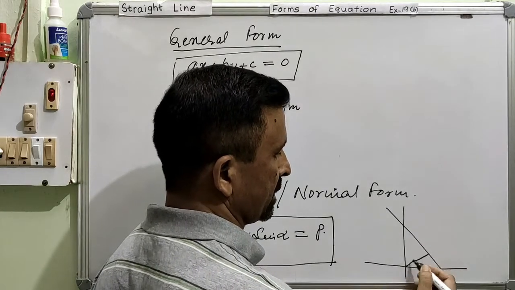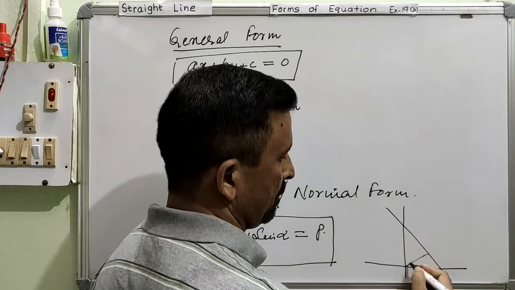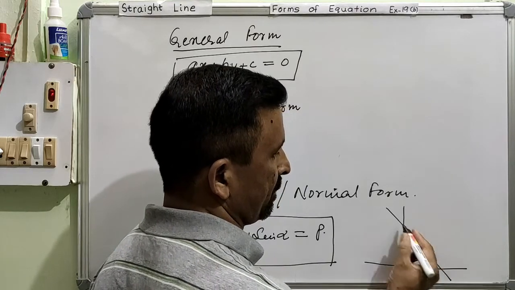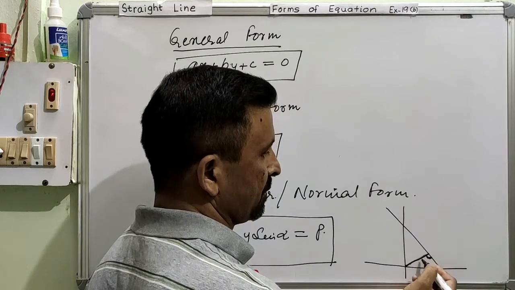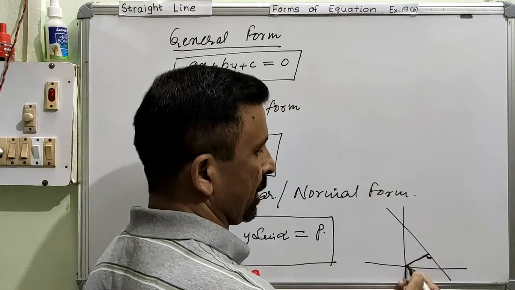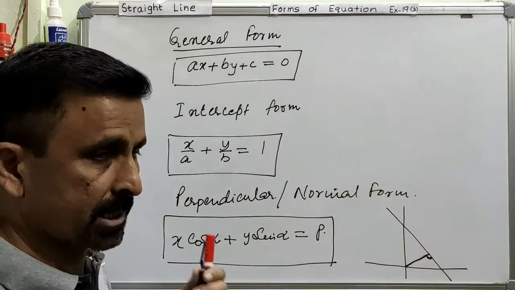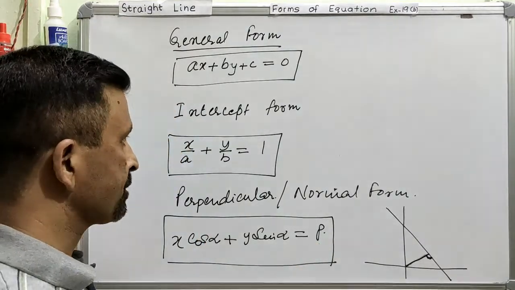This is the origin and this is the perpendicular. So the perpendicular distance of the line from the origin is denoted as p. Clear?